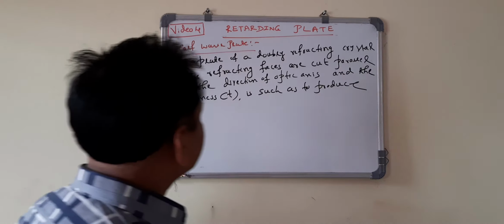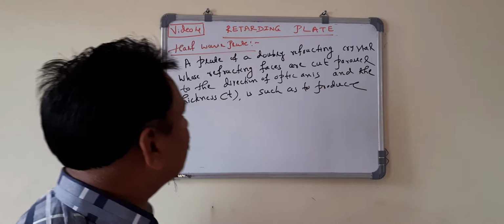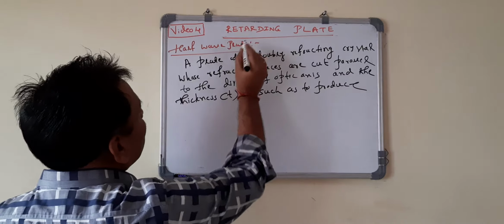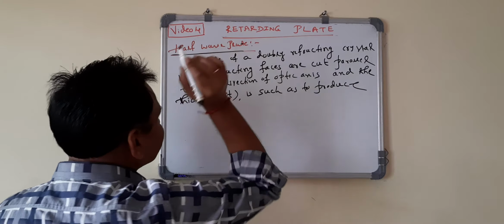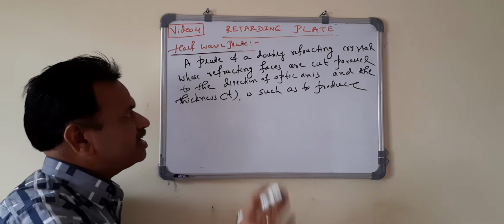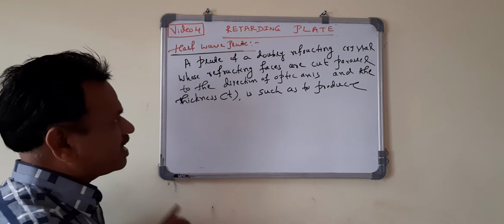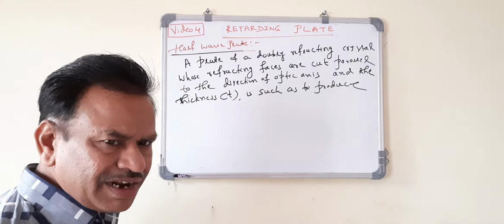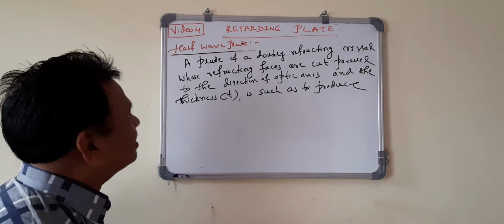Students, now the next plate is the half wave plate. First I will define it. A plate of a doubly refracting crystal, as a calcite crystal is there, tourmaline crystal is there, whatever you take, quartz crystal is there.